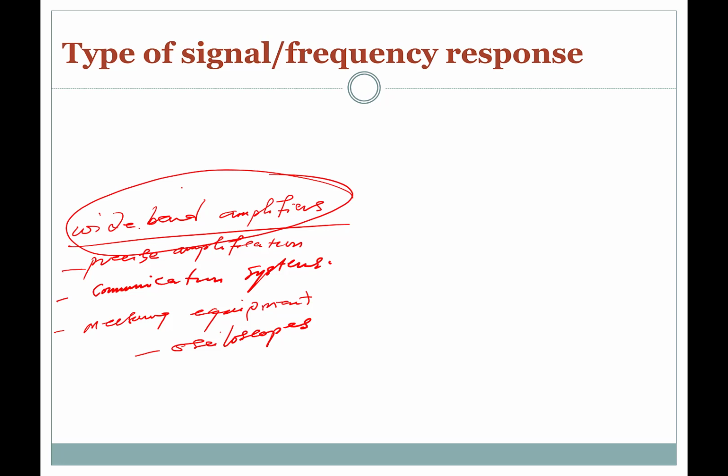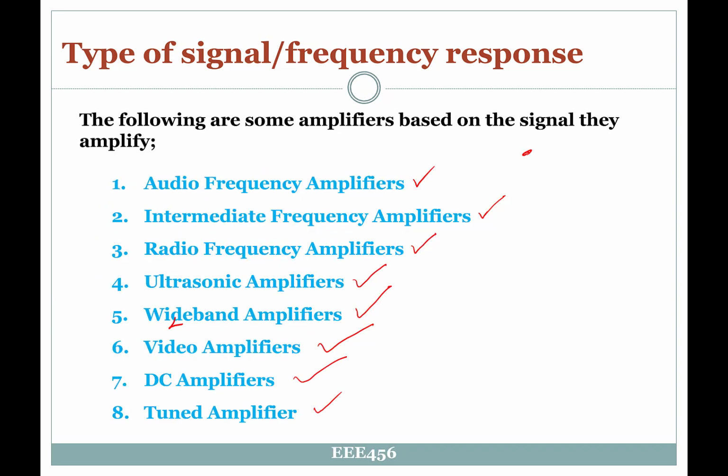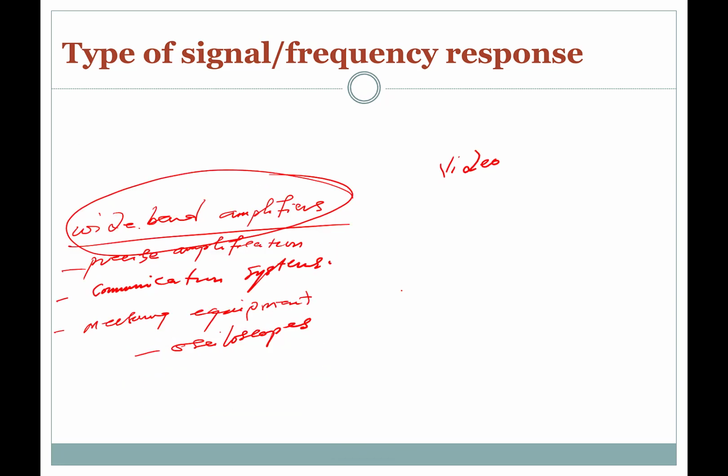Alright, then we also have video amplifiers. Basically, video amplifiers are a special type of wideband amplifier that preserve the DC level of a signal and are used specifically for signals that are to be applied to cathode ray tubes, or CRTs, or other video equipment.